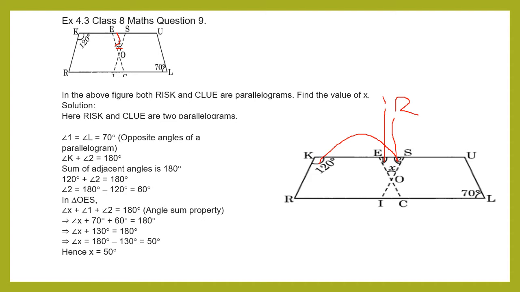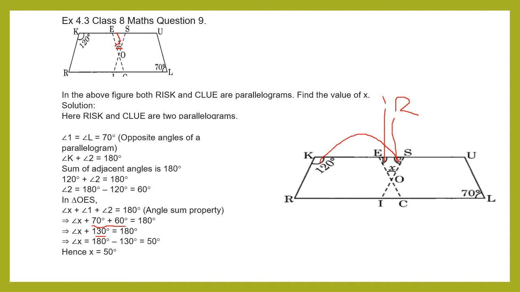We know the value of angle 1 is 70 degrees and the value of angle 2 is 60 degrees. So angle x plus 70 plus 60 equals 180 degrees. The sum of 70 and 60 is 130 degrees.